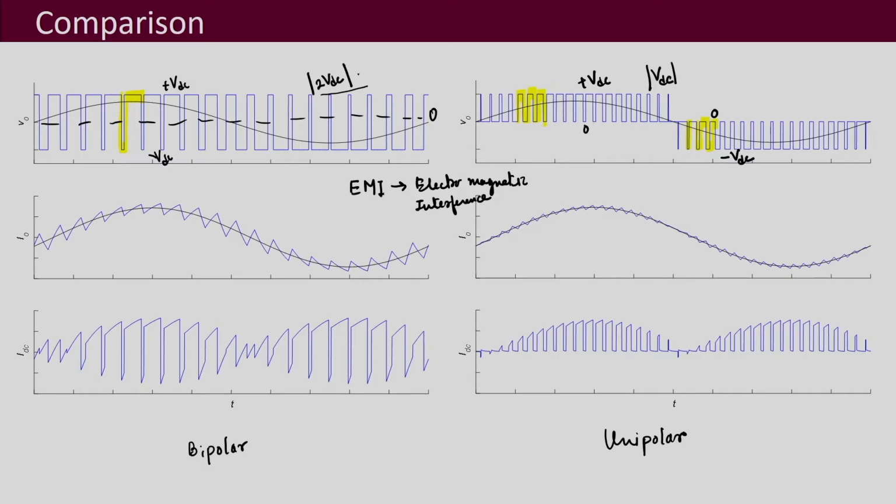Since this switches by 2 VDC, it is likely to have higher EMI, electromagnetic interference, as compared to unipolar PWM, which may have lower EMI. Now, EMI depends on many other things, so do not make it a general statement that this is bound to have lesser EMI, but looking at the amount of voltage transition, it is likely.